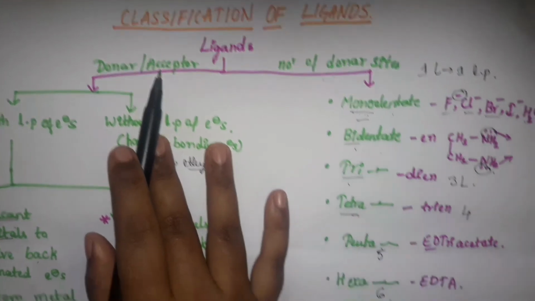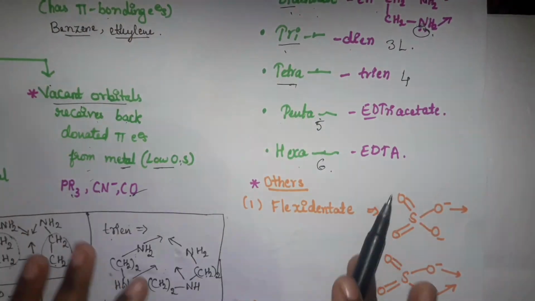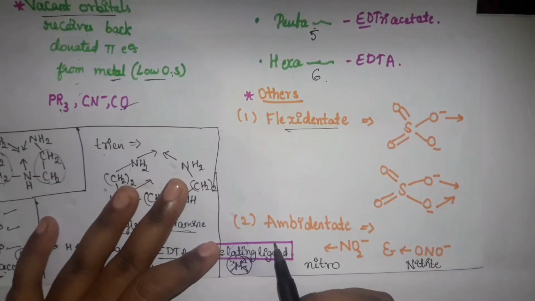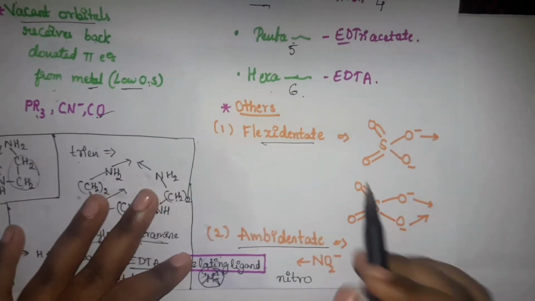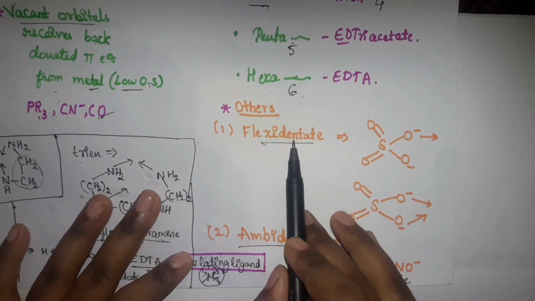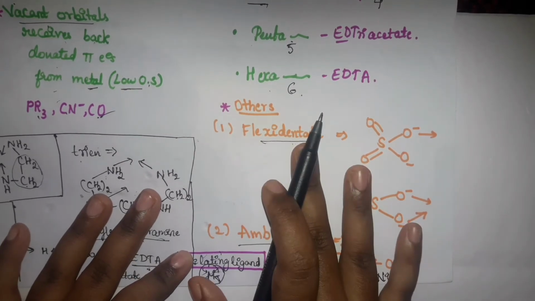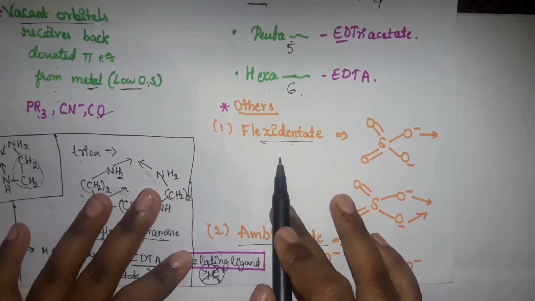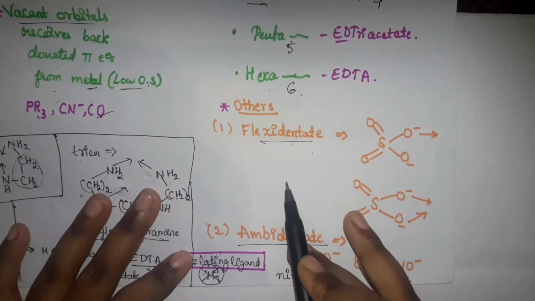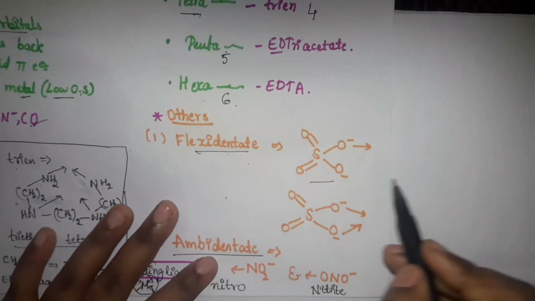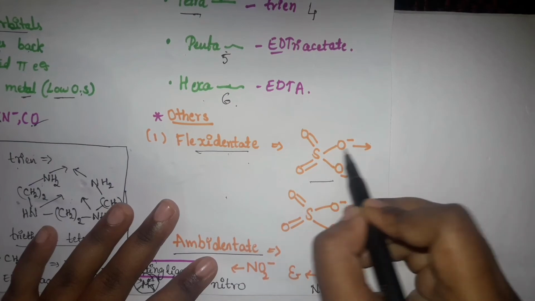We have another classification: flexidentate ligands and ambidentate ligands. Flexidentate ligands are those which have multiple denticity, but at a particular time act as either bidentate or monodentate.